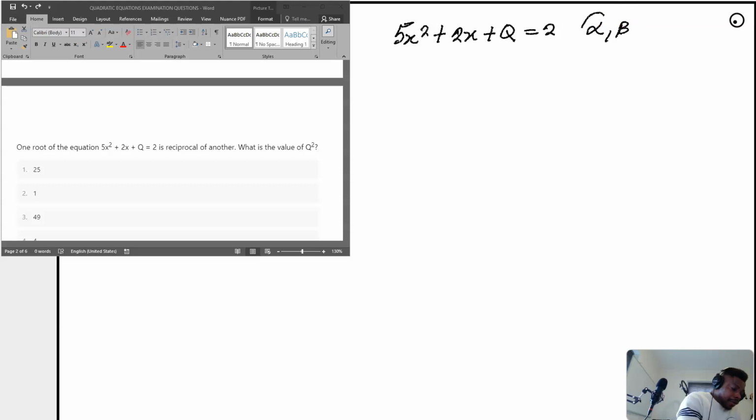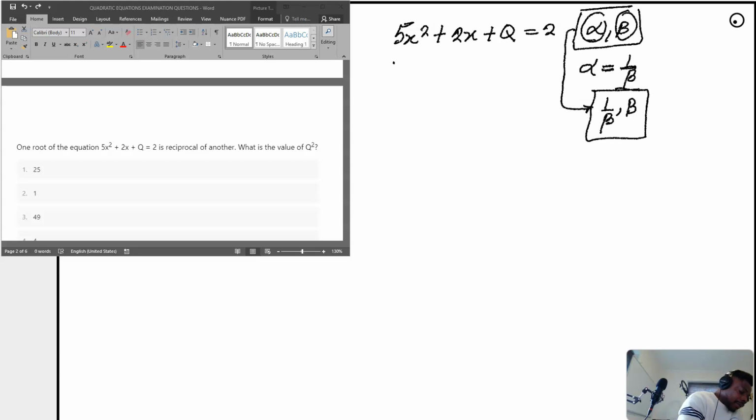So let's say alpha is the reciprocal of the other, the other is beta. So what is the reciprocal of beta? 1 over beta. So that will be alpha. So in this case, our roots will now be 1 over beta and beta.